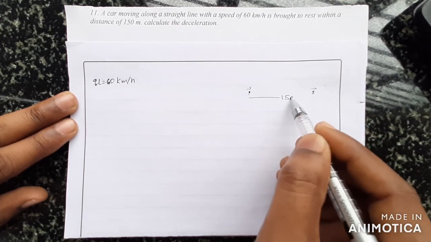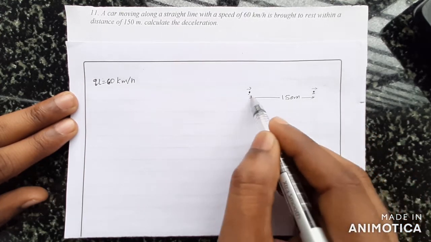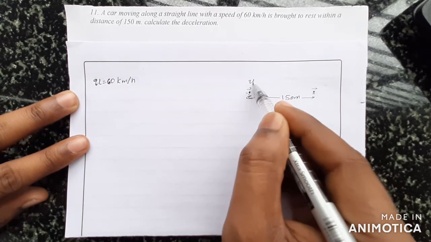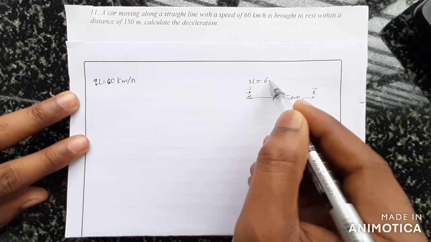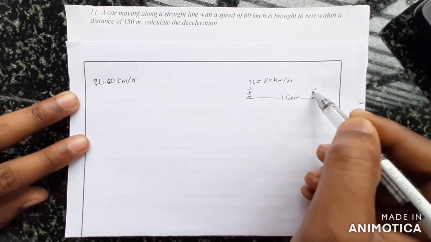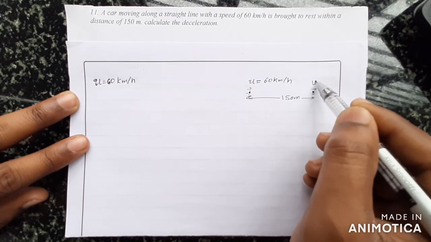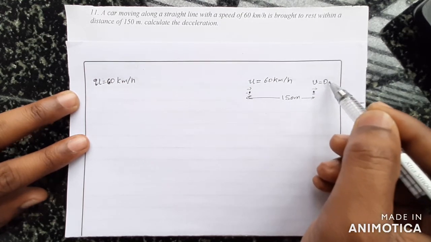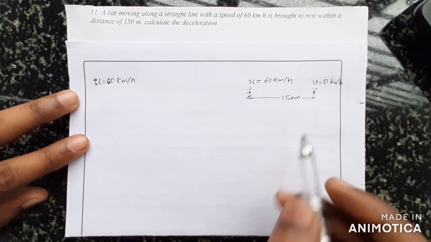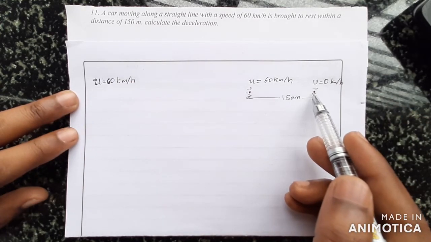It is 150 meter, right? And at this point where the brakes are applied, the speed or velocity of the car is given to be 60 km per hour. At the final point of the motion, the velocity of the car is 0 km per hour or 0 meter per second, both are fine because the car has stopped.